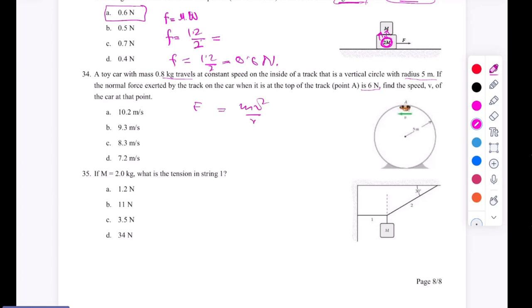The total force is the normal force plus the weight of the object, which equals mv square over r. We have normal force 6 Newton, and the weight mg is 0.5 multiplied by 9.81, and then we substitute the values. So we will get v, which is 9.3 meter per second.